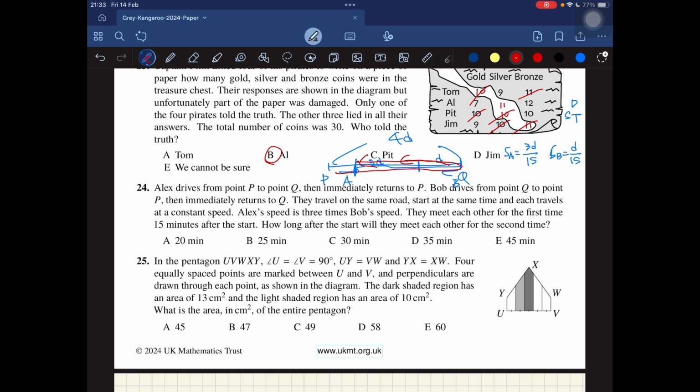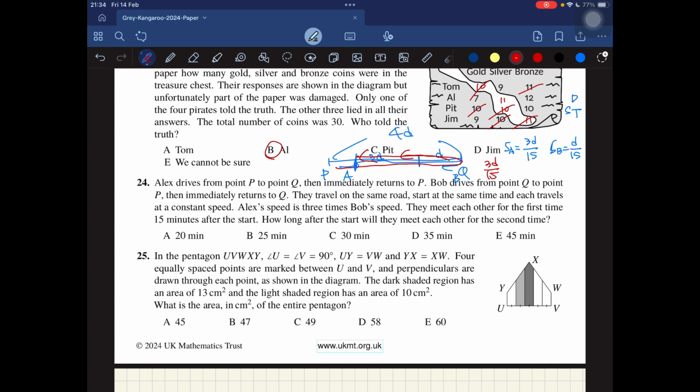Then this one means the distance Alex drives minus the distance Bob drives should be 40. We don't know the time, so let's just call it t. The distance Alex drove is 3d over 15 times t minus d over 15 times t. This should be 40. Then they meet.